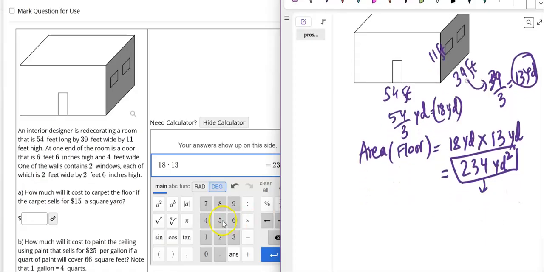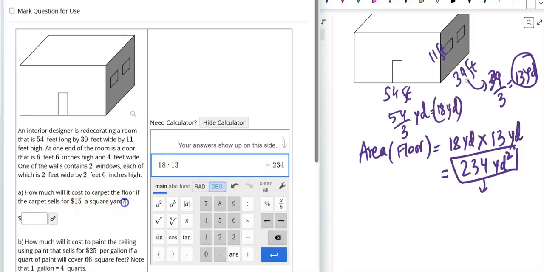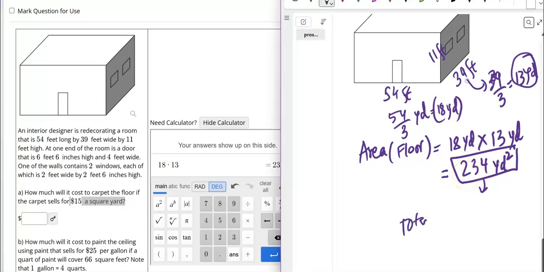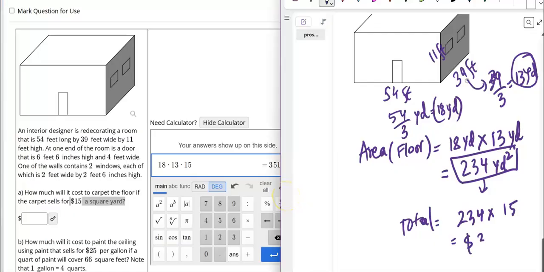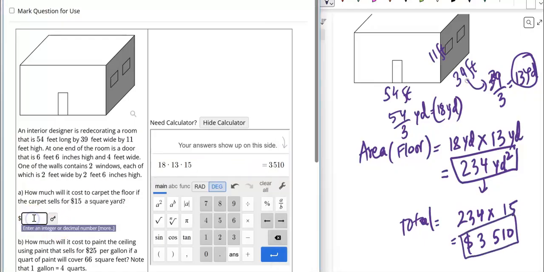Each square yard costs $15, so the total cost for carpeting is going to be 234 times $15, which gives you $3,510. That's the total cost to carpet the floor.